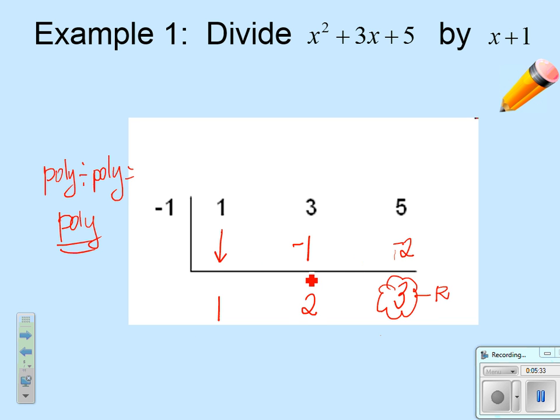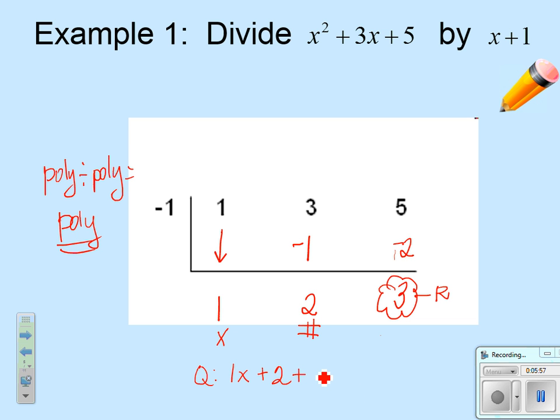The number in front of the remainder is your constant value, and the one in front of the constant represents the x value. So the quotient of this problem, which is an answer to a division problem, would be 1x plus 2 plus your remainder.